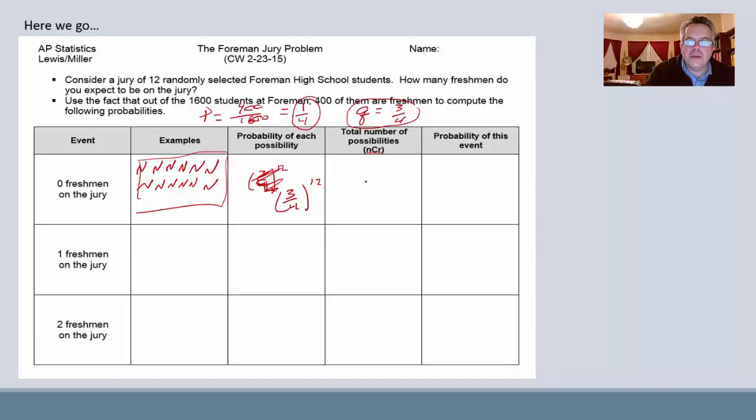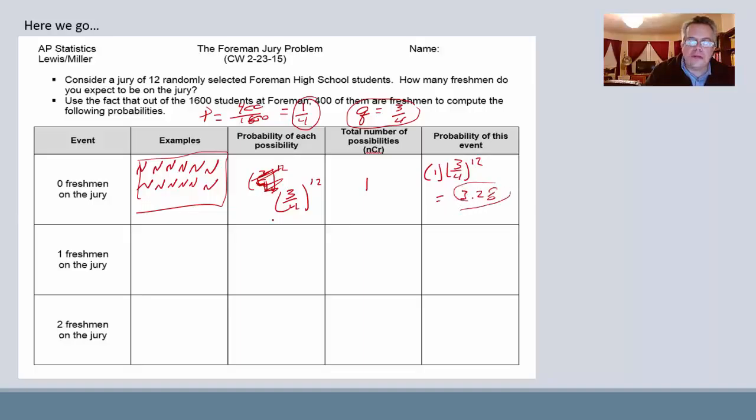It can only happen one way. There's only one way we get no freshmen. So we multiply the probability of each possibility times the number of ways it can happen. In this case, it's 1 times 3/4 to the 12th, and that equals 3.2%.